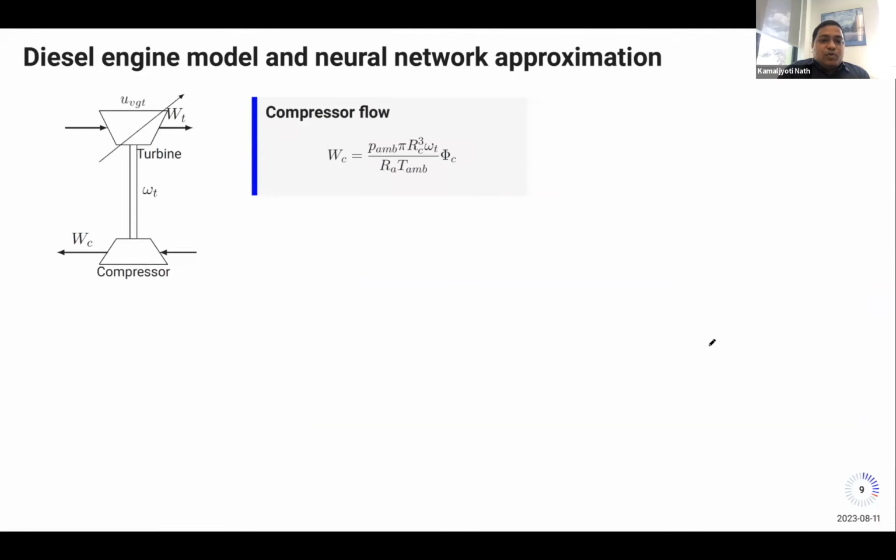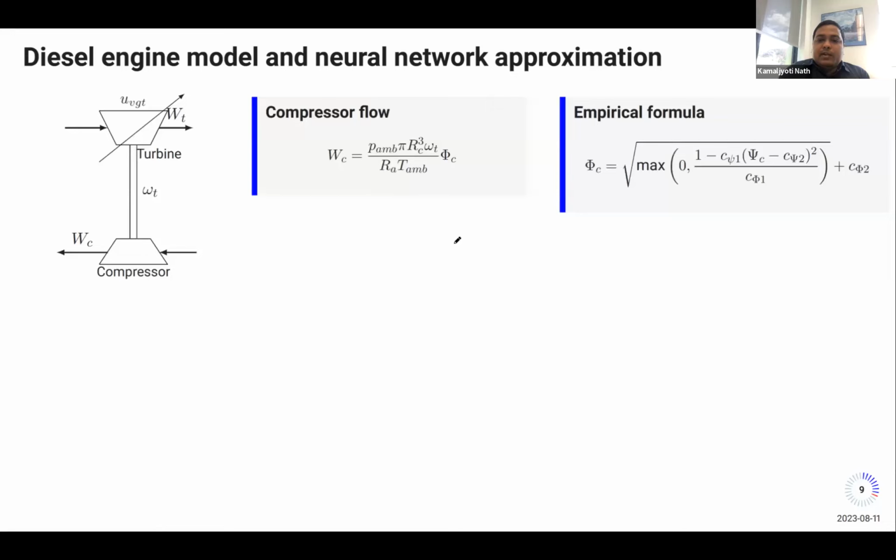Next is the compressor flow. Compressor flow here, and this is the one empirical formula, which gives it using this actually. And there is another one which gives the compressor power. There is a compressor efficiency. This is the efficiency of the compressor. So generally, this compressor efficiency is calculated from the design chart.